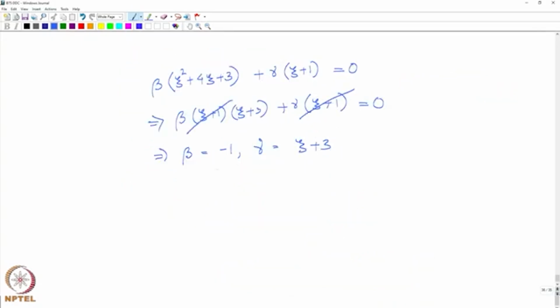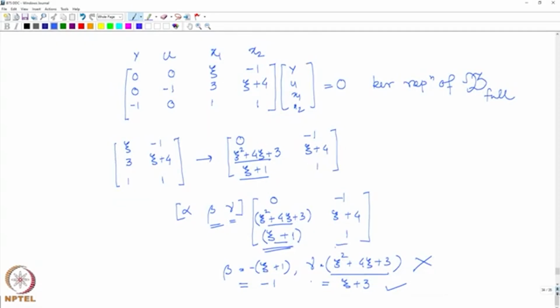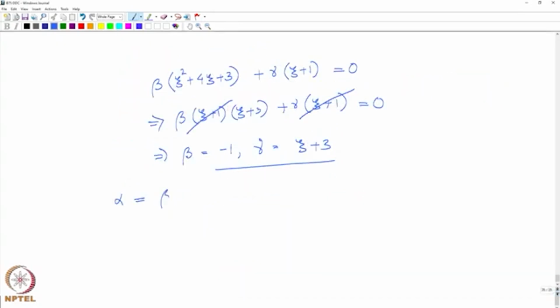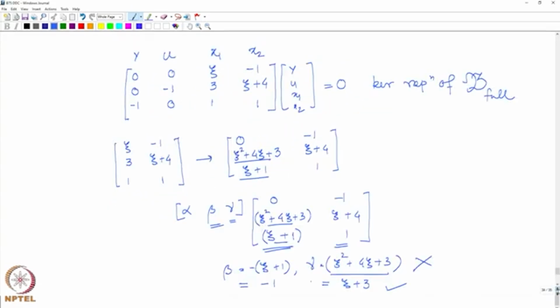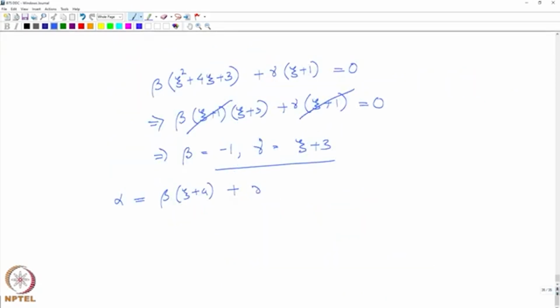Now based on this choice of beta and gamma, I will now get alpha, because alpha must satisfy from the second column that it must be beta times xi plus 4 plus gamma times 1, which then is equal to minus xi minus 4 plus xi plus 3.